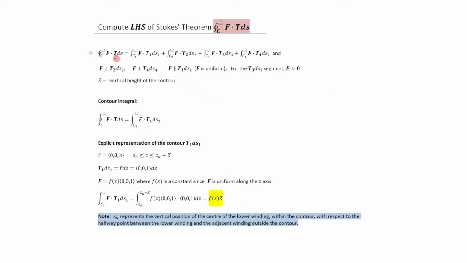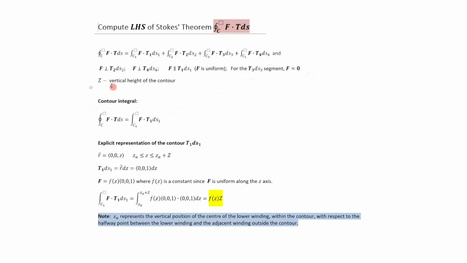So the closed contour integral involves 4 segments. So we have f perpendicular to ds2 and f perpendicular to ds4, which were the 2 horizontal branches. We have f parallel to ds1, f being uniform, and that's basically inside the helix in the z direction. And for the ds3 segment outside, f we said is approximately equal to 0, for an infinitely long helix, it would be equal to 0.